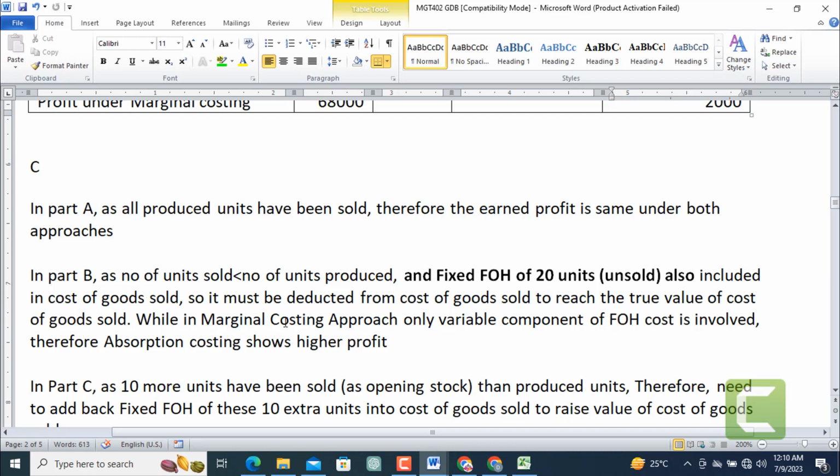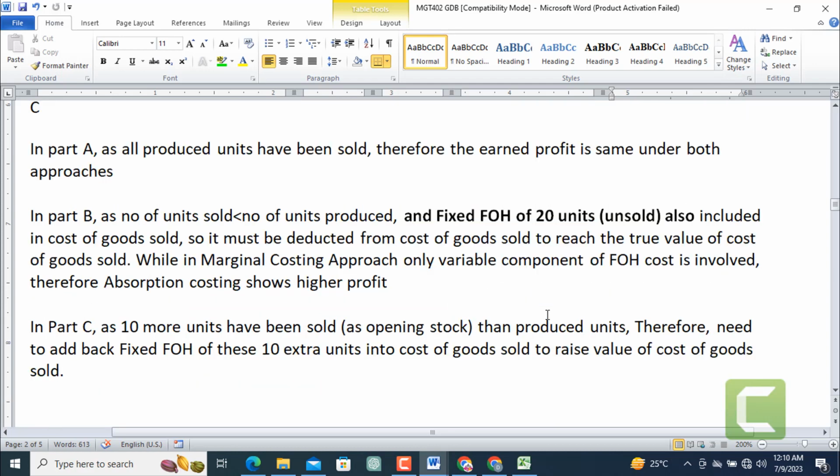So we need to deduct that portion of fixed FOH of the 20 unsold units from the profit of the absorption costing approach. In the marginal costing approach, we only consider the variable component of FOH, and we deduct the fixed portion later to reach the net profit of the company.